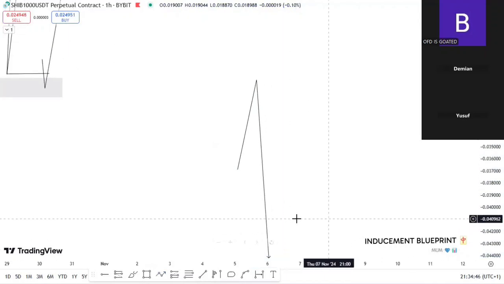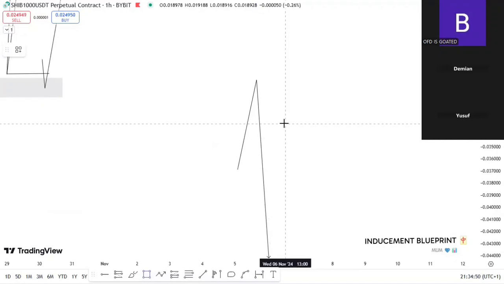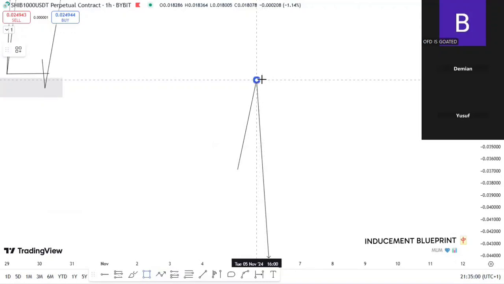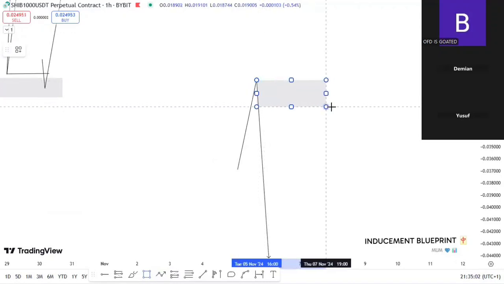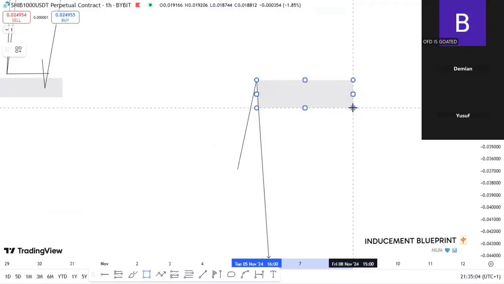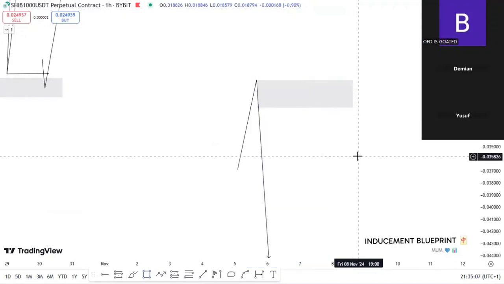That zone is also a supply zone, because there is a reason why price started to dump from that zone. Are you getting me? So most times when price gets there again, we expect some reactions on that zone. So let's say this is where price started to dump from, and then we expect price to later retrace back here and then dump.